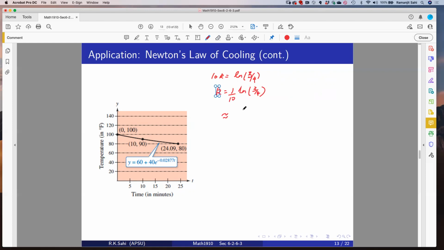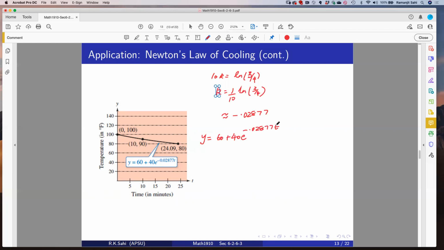Approximately, my k comes out to be negative 0.02877. So now my nice little equation is y equals 60 plus 40 e to the power negative 0.02877 t.